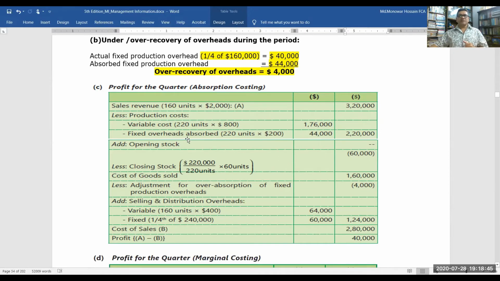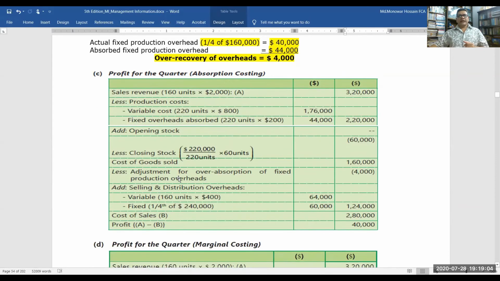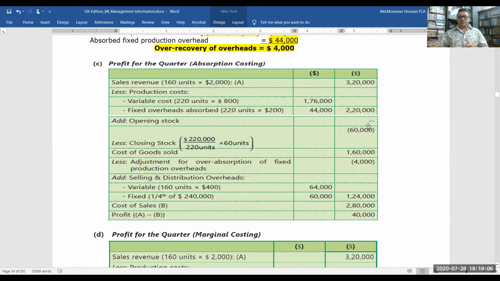Less production cost: variable cost, 220 units multiplied by 800, we get 1,76,000. Fixed overhead absorbed, 220 units multiplied by 200, gives 44,000. So production cost is 2,20,000. Add opening stock of 0 because there was no opening stock.